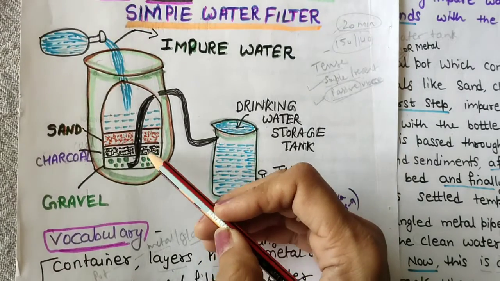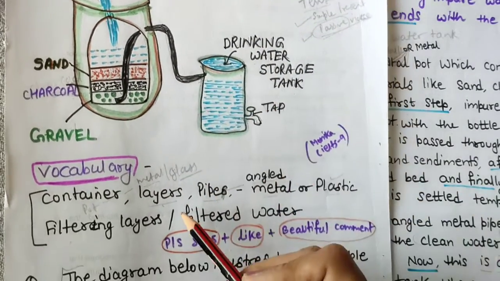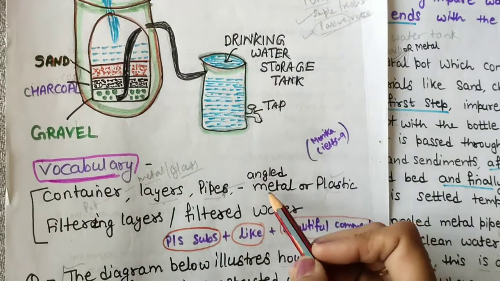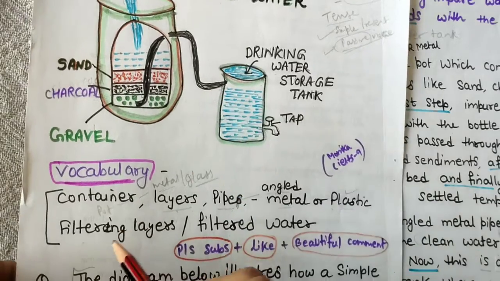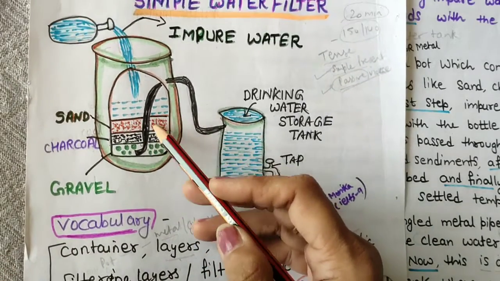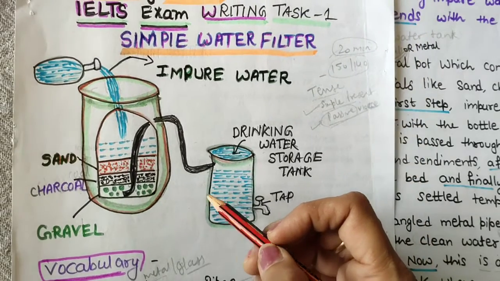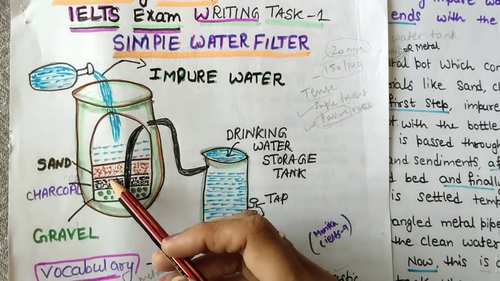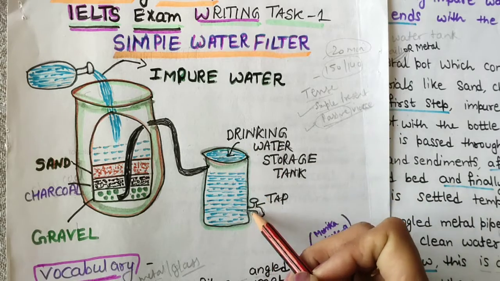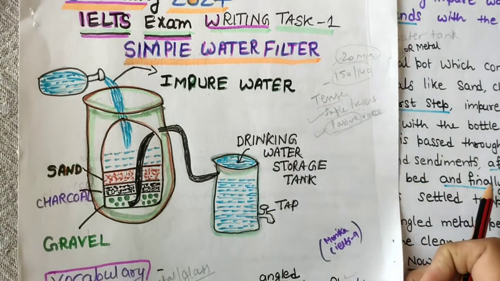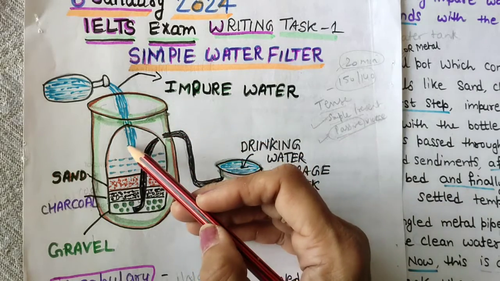This is the container, these are layers, and these are pipes, angled metal or plastic pipe, filtering layers maybe there, filtered water is this, and of course all the vocabulary we can find here. This is sand, this is charcoal, gravel, drinking water, storage tank, tap is also there. So many things they have, and of course they are pouring impure water here.